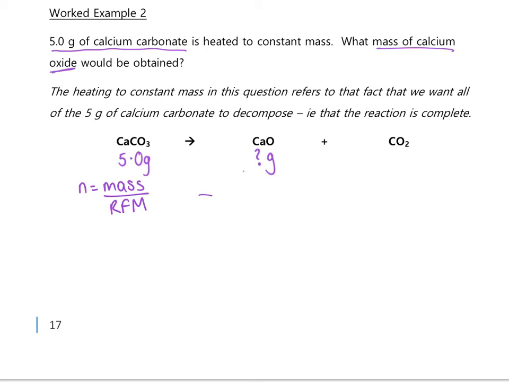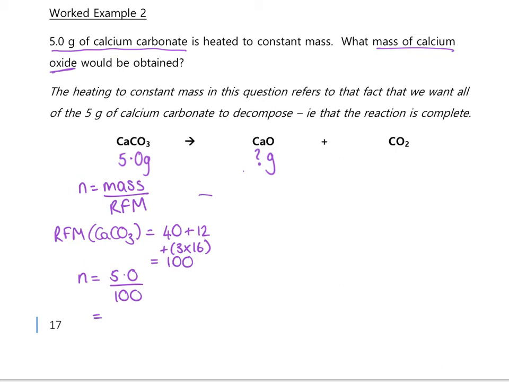My mass is 5 grams, and my RFM of calcium carbonate is going to equal 1 times my calcium mass, which is 40, plus the mass of carbon, which is 12, plus the mass of 3 oxygens, each with a mass of 16. That gives us a total RFM of 100. Then when I'm working out my number of moles, I take my mass, which is 5 grams, and I divide it by 100. That gives me a number of moles of 0.05 moles.